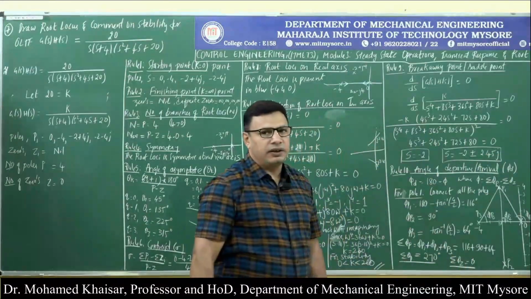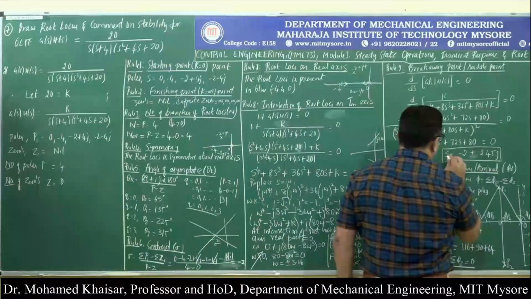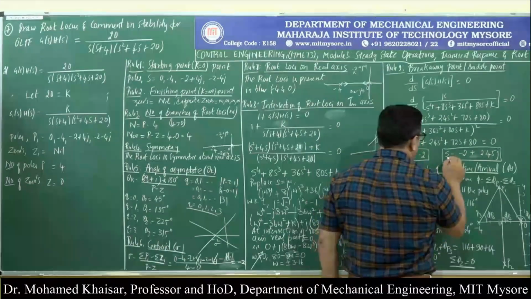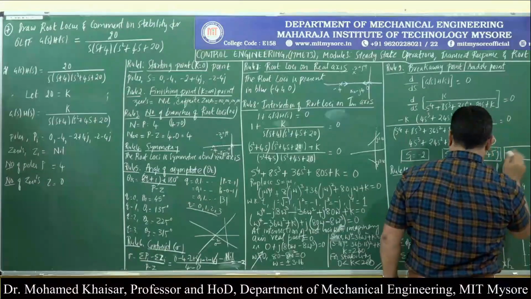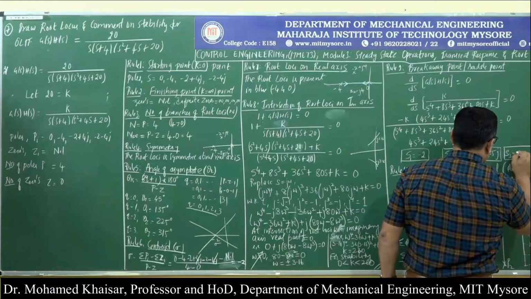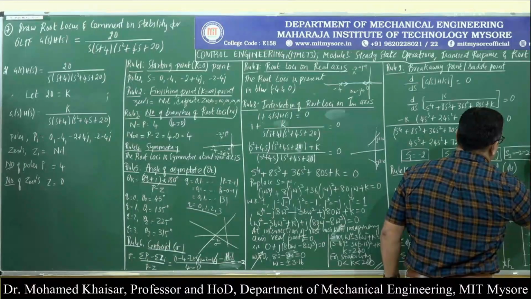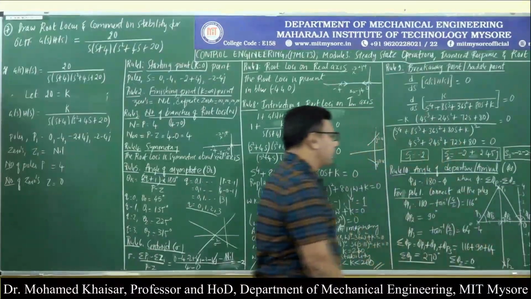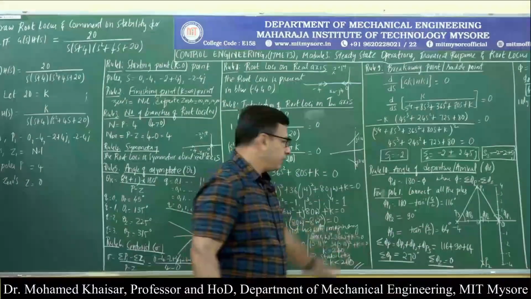So we write S1, S2, and S3 equal to minus 2 minus 2.45j. 3 breakaway points we get. Whether they are applicable or not, we will see.